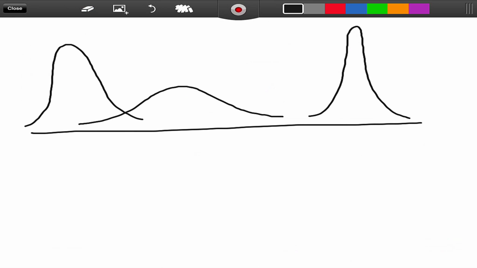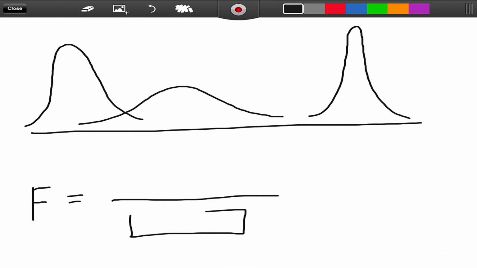But what the F distribution seeks to do is control for this value. So again, the value down here in the denominator looks at the measurement of the variation within the distribution.